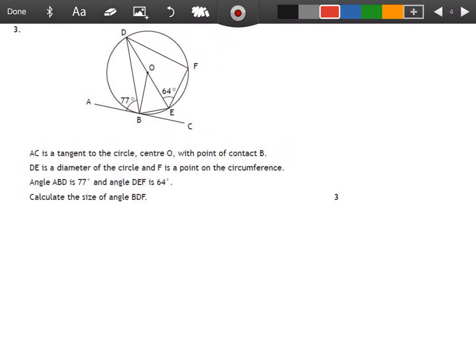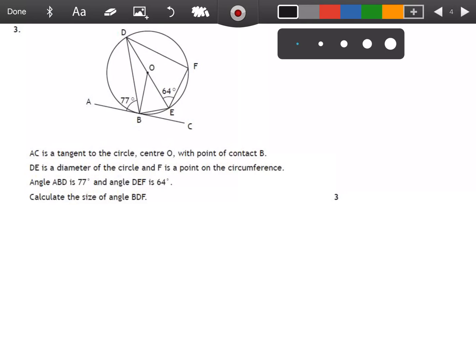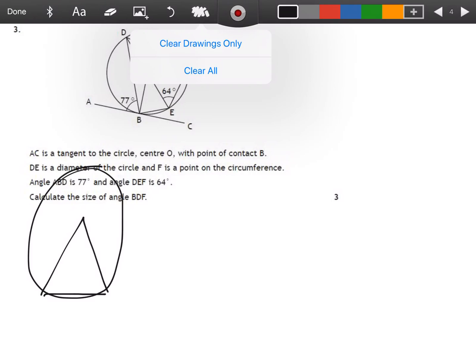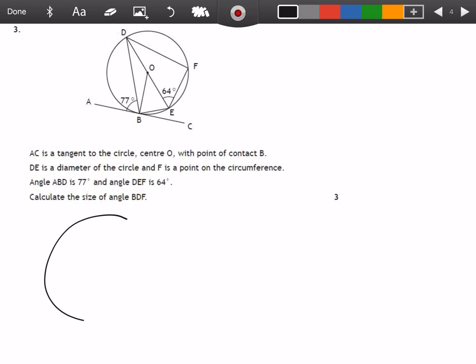Right, okay, when you do this question, there are 3 important angle facts that you should have in your head. Okay, the 3 important angle facts. The order is not important, but when you have a circle, right, if you have a circle where the radius has been drawn and the radius has been drawn again, and it's creating a triangle.